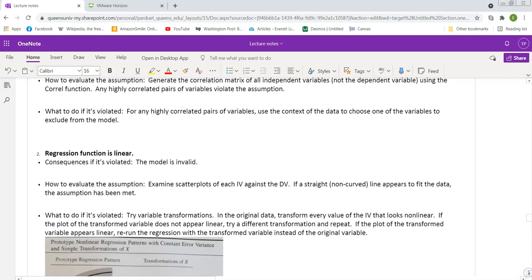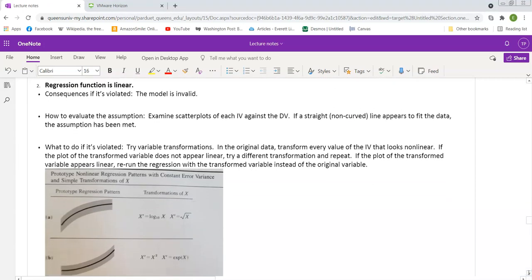Our second assumption is that the regression function is linear. If we're trying to use a linear regression function, but it turns out the data shouldn't be linear, it means we've picked the wrong model.